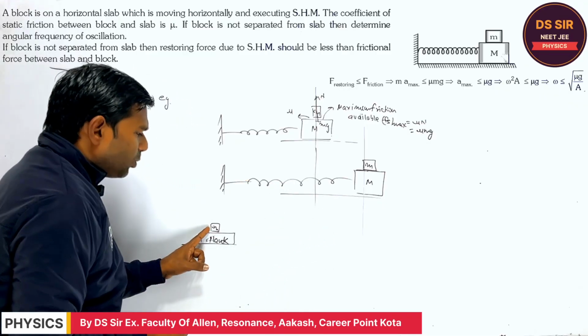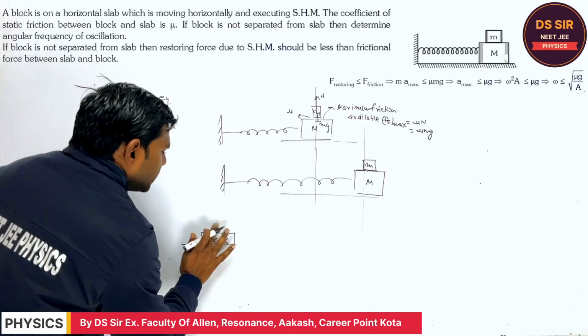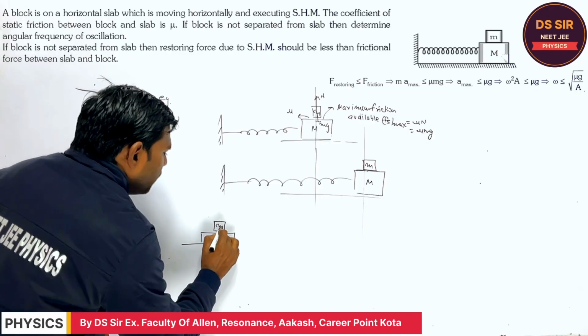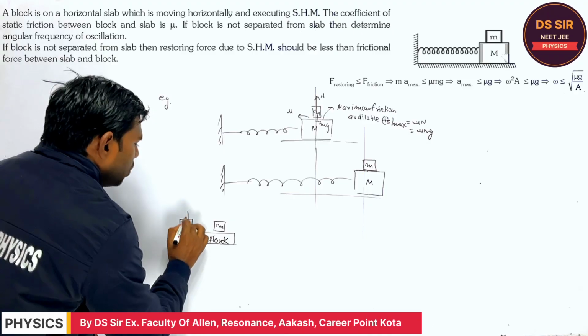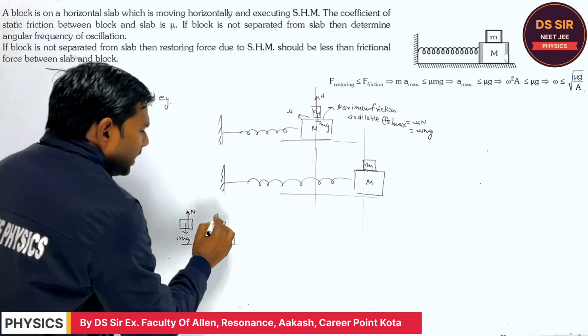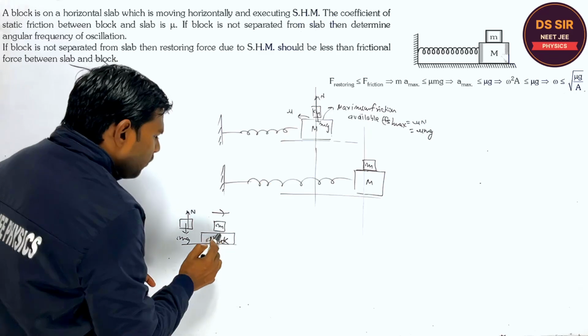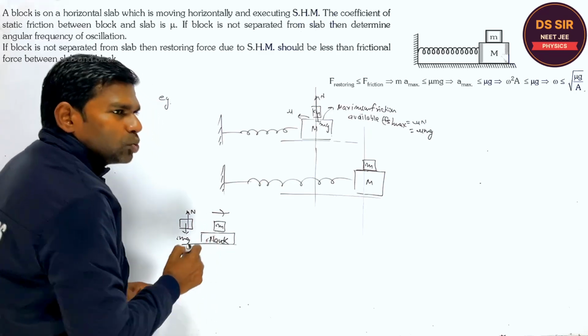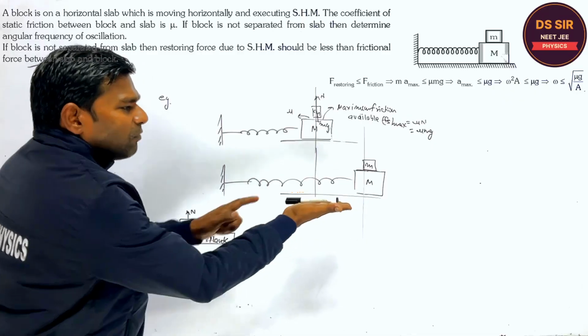Can you make the free body diagram of this? If you make the FBD, mg will act on this, normal will act on this, and it is moving with some acceleration A. So what is the force acting between the two surfaces? Which force is taking it in the forward direction?